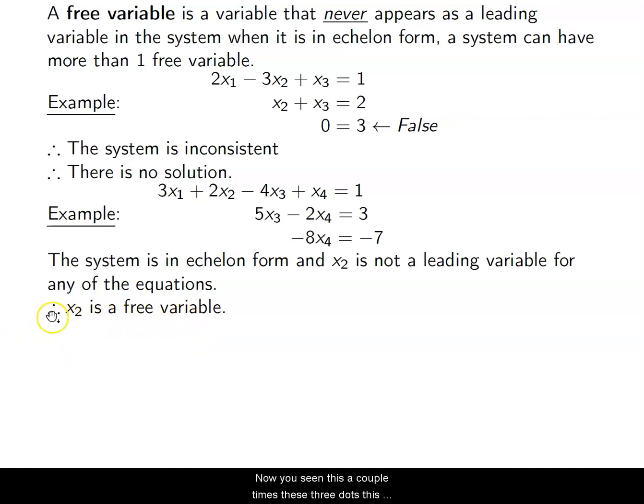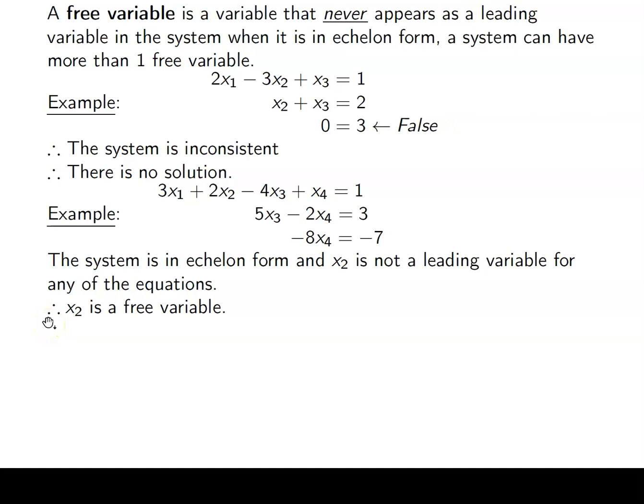Now you've seen these three dots a couple times. This means therefore. We use it a lot when we're doing proofs. We also use it a lot in generic explorations, derivations, things like that. It's a very mathematical term.